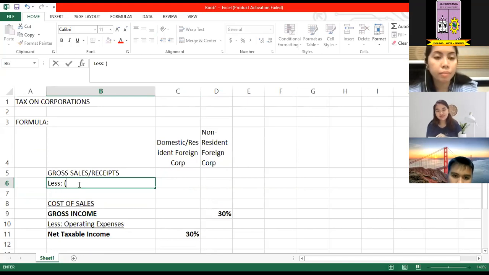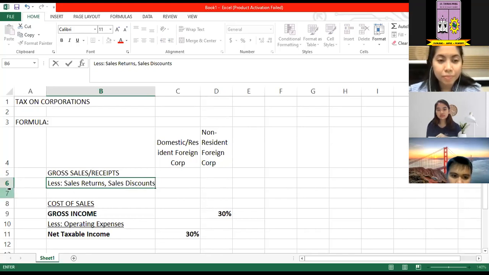Less sales returns. Ano ibig sabihin ng sales returns? Kung nagbenta ka, isinauli, edi sales returns. Yung value ng goods na yan, i-deduct mo kasi ni-return. So meaning to say, hindi siya naibenta successfully. So, kailangan nating i-deduct. Discounts. Sometimes, yung mga goods, merong discounts, di ba?